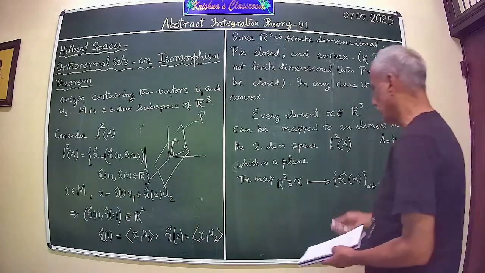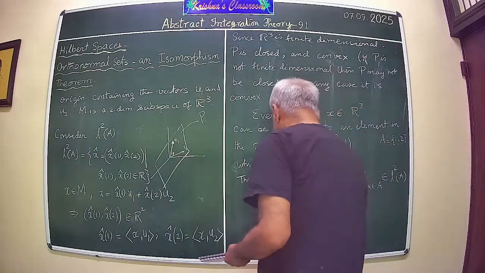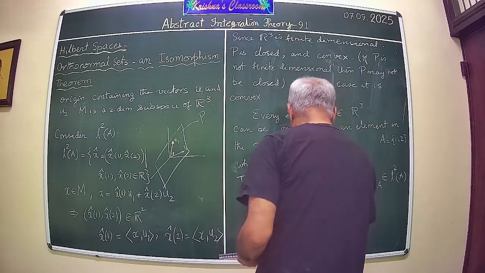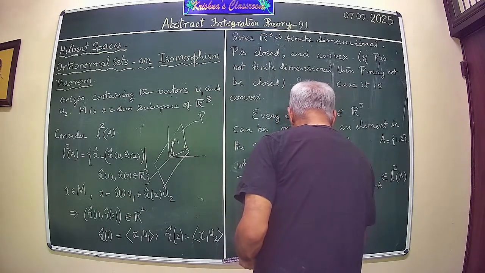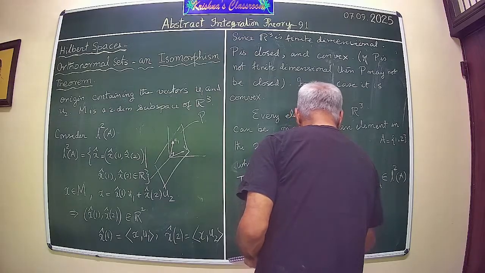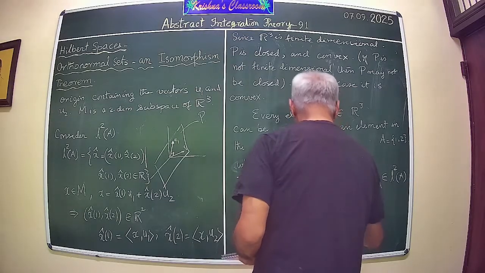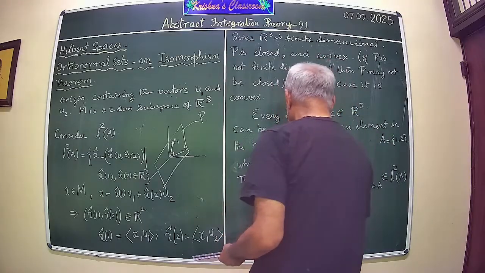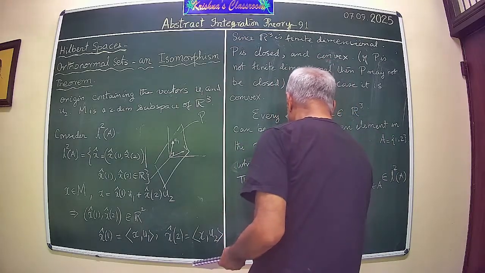That is, X is identified with the ordered pair, this is the identity. So you denote this by map F.